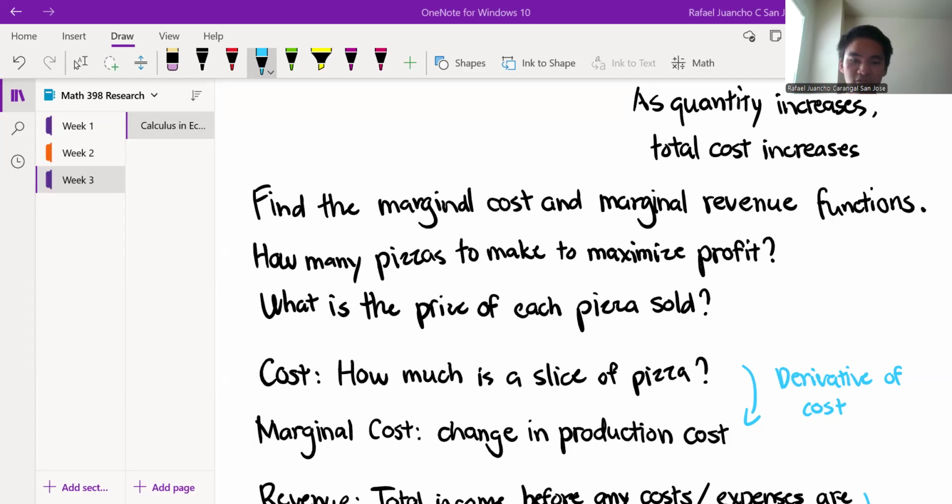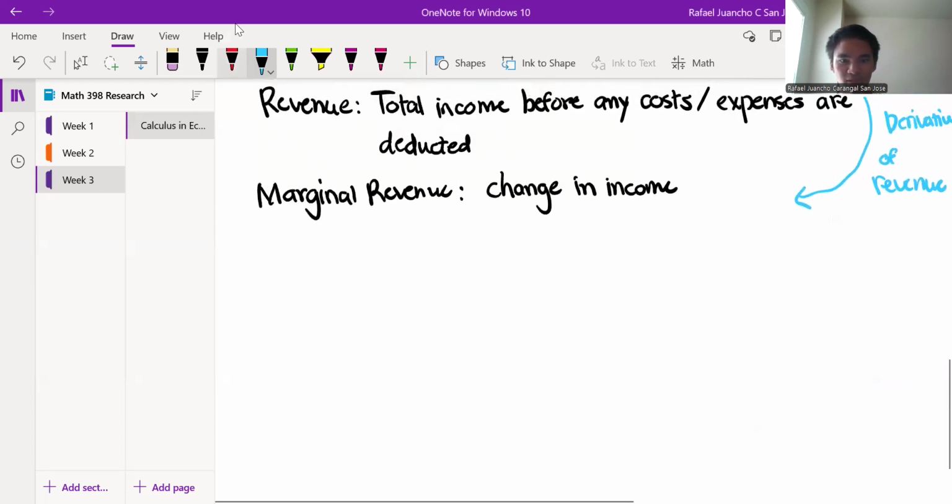And before we get our marginal revenue, we want to get our revenue. Because after we get our revenue, we just have to take the derivative, and that's how we get marginal revenue. So the first thing is you want to find the revenue function.